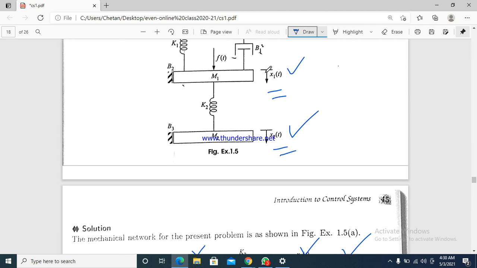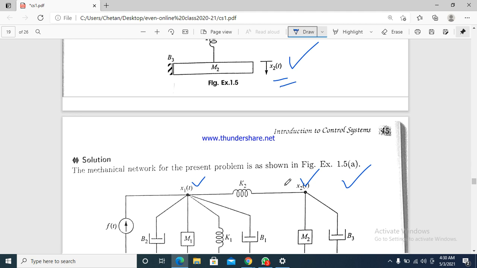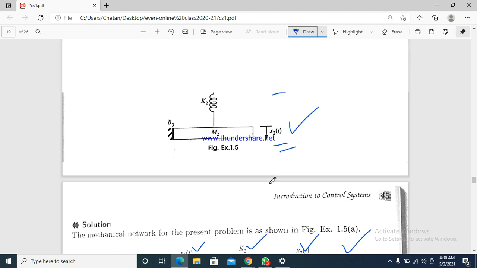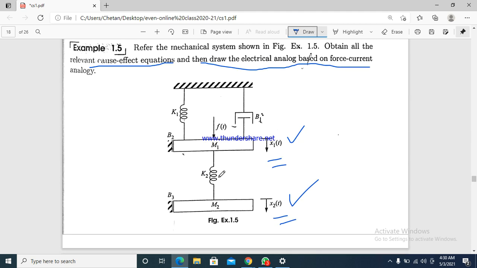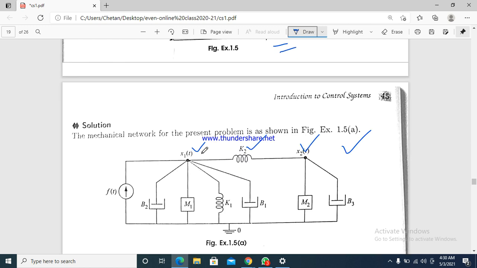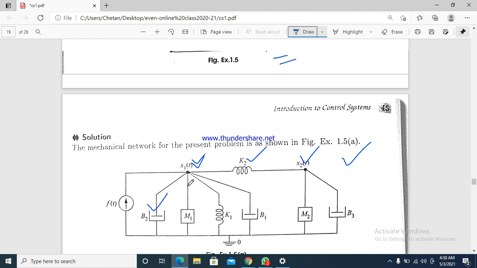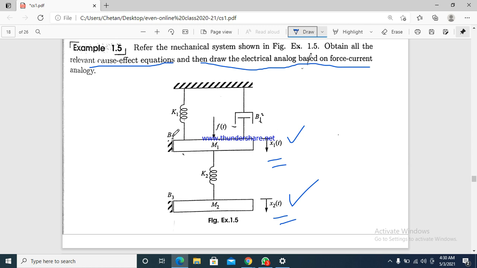In between x1 and x2, you have the spring K2. Below this node x1 of t, you have K1, B1, M1. A dashpot is also present.